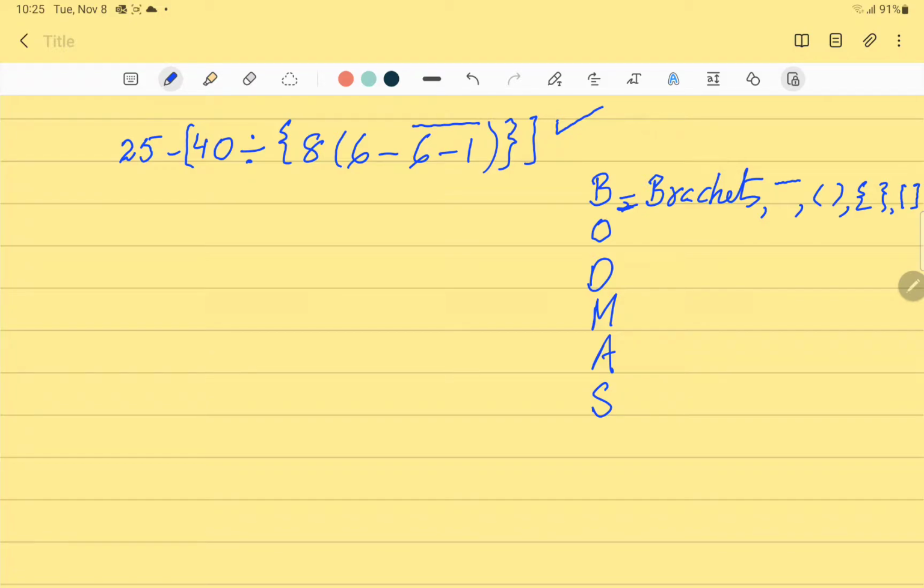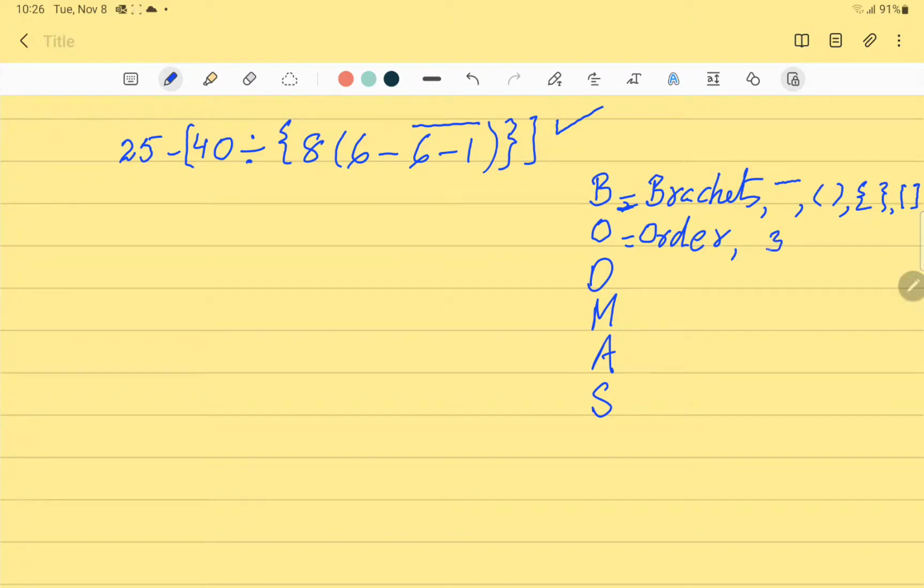Then O stands for order. Order means power of any number, square root of any number, these types of things. Of is also order.